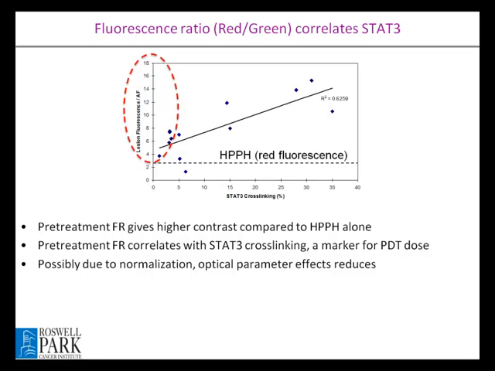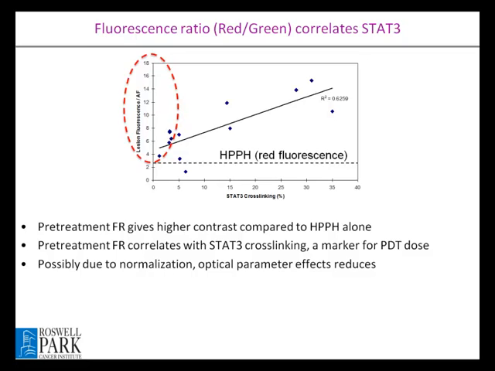I don't expect any physiological interpretation right now, but I think some correction factor kicks in. So what I'm trying to say is that if we do something like modulated imaging or something quantitative, if we correctly quantify the fluorescence content, maybe we will see much better correlation between STAT3 and our measurements.